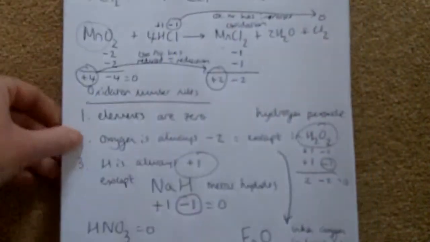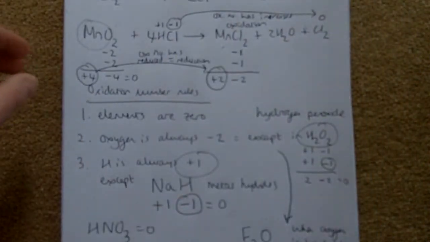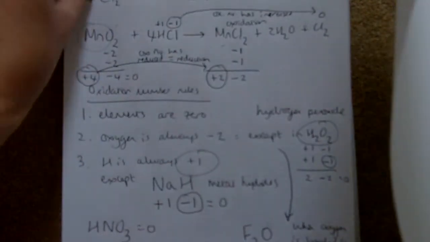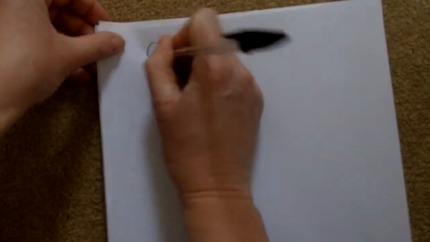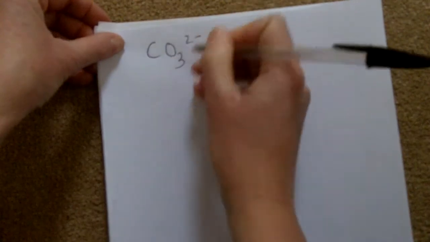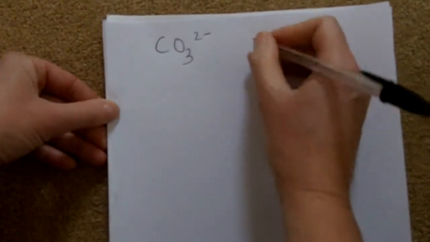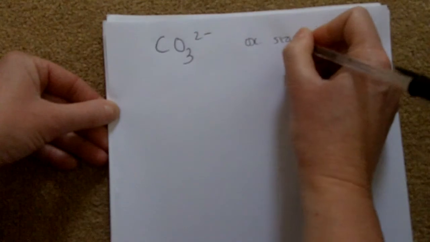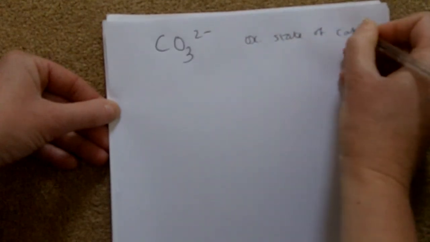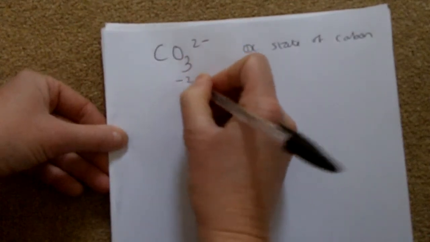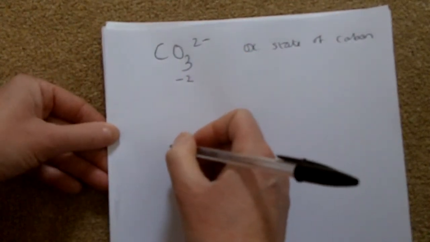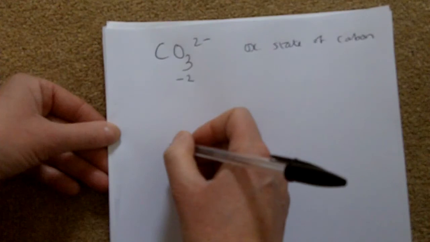All right. Let's take something that is not neutral, that is not 0 charge. So if you take, for example, carbonate, and I want to find the oxidation state of carbon. Okay, so I say oxygen is -2, because oxygen is always -2, unless it's in a hydrogen peroxide or with fluorine.